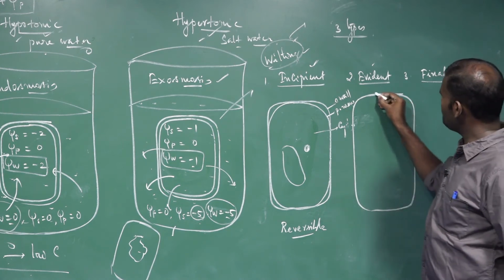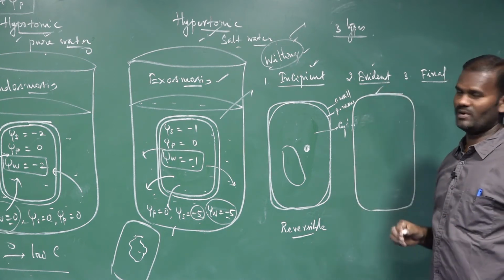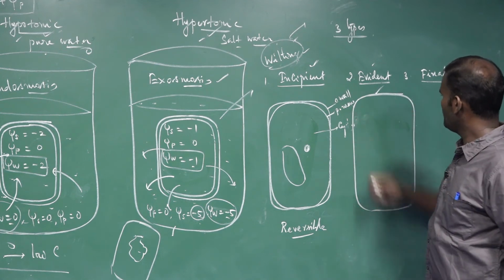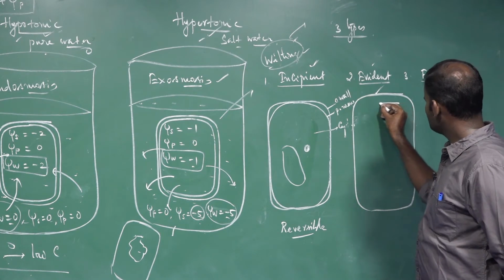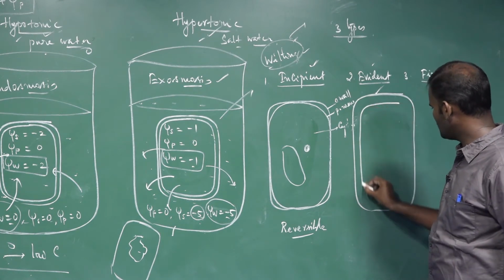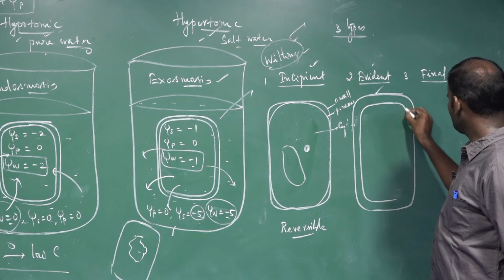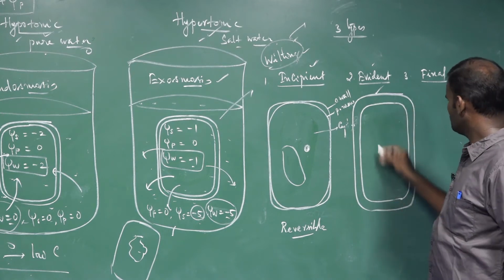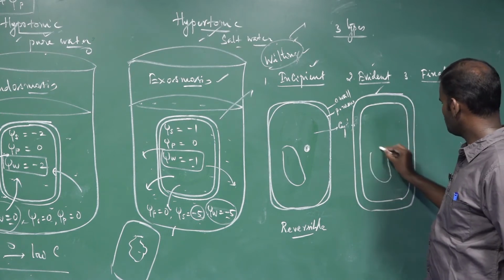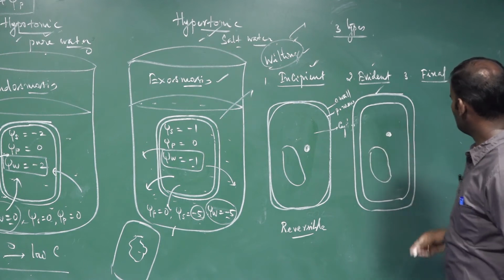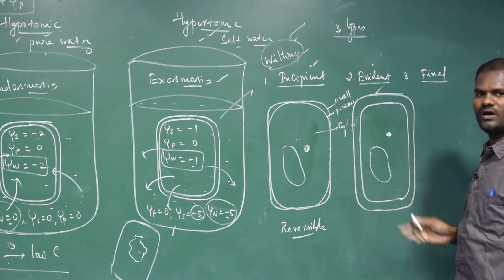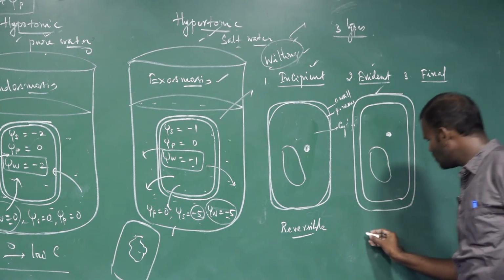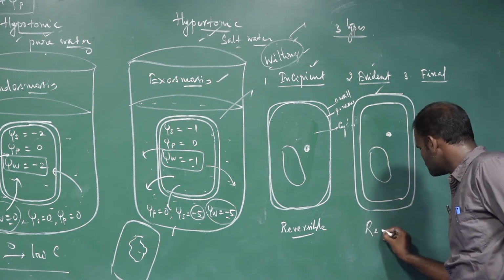So wilting appears in this type of plasmolysis, evident plasmolysis. Next, the plasma membrane is separated from the cell wall completely. There is the vacuole and the nucleus. The plasma membrane is completely separated from the cell wall. It is also reversible.